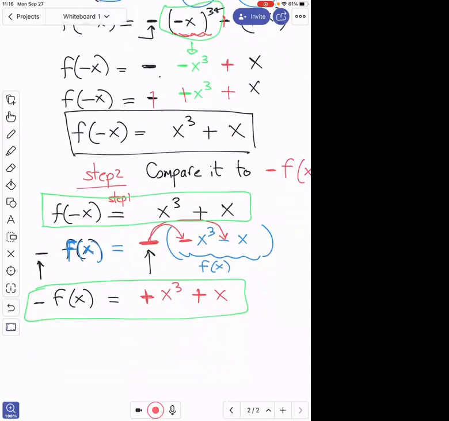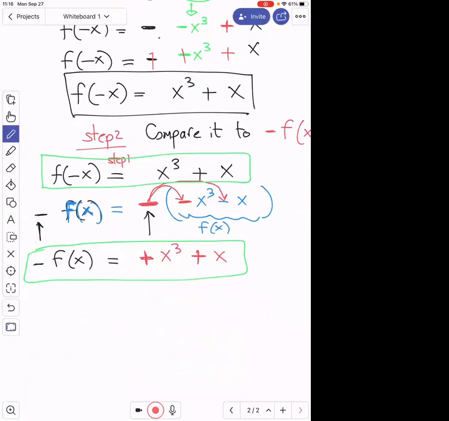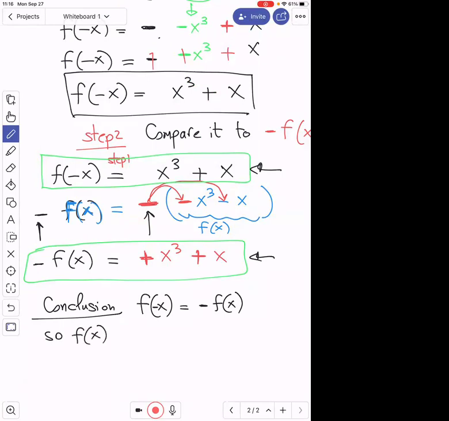So the conclusion is that this f of minus x right here is the same as minus f of x, with the minus outside the function f. Exactly the same thing. So f of x is odd.